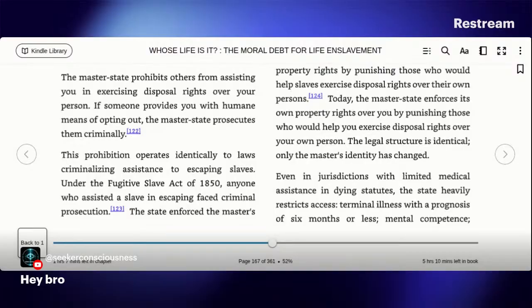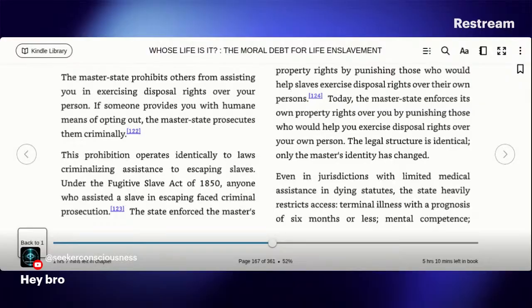The state enforced the master's property rights by punishing those who would help slaves exercise disposal rights over their own persons. Today, the master state enforces its own property rights over you by punishing those who would help you exercise disposal rights over your own person. The legal structure is identical, only the master's identity has changed.